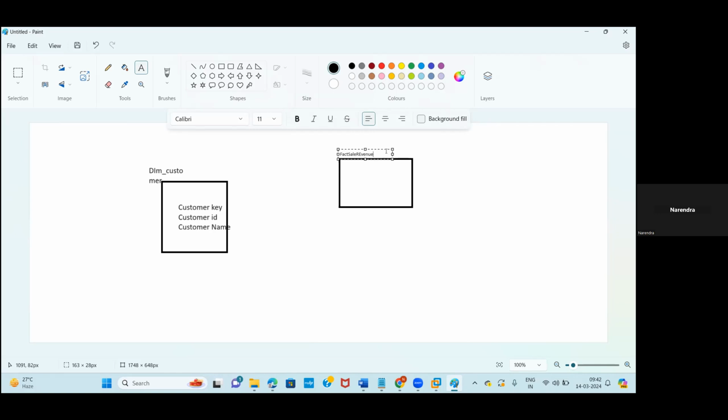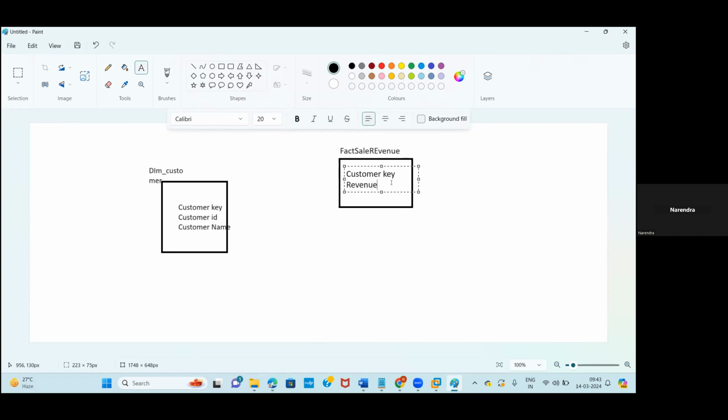This fact table has a relation with the dimension, because if you are going to look into the sales revenue, the customer information must be there, and you should have a customer key here. The keys will be customer key and revenue.